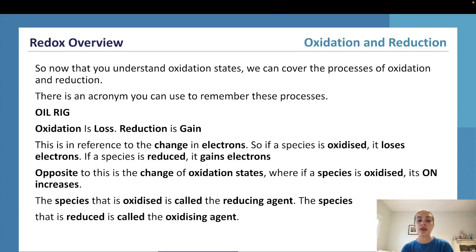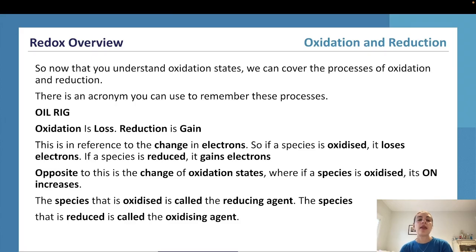So oxidation being the loss of electrons and reduction being the gain of electrons. It's also good to remember that they sort of sound the opposite of the way they're meant to be. Because if you think about it, reduction seems like it should be a loss of electrons, but reduction is actually a gain of electrons. And you would think that oxidation is then going to be the gain of electrons, but it's actually the loss of electrons.